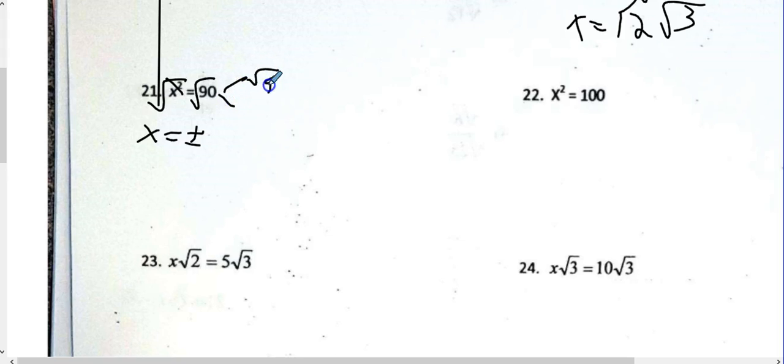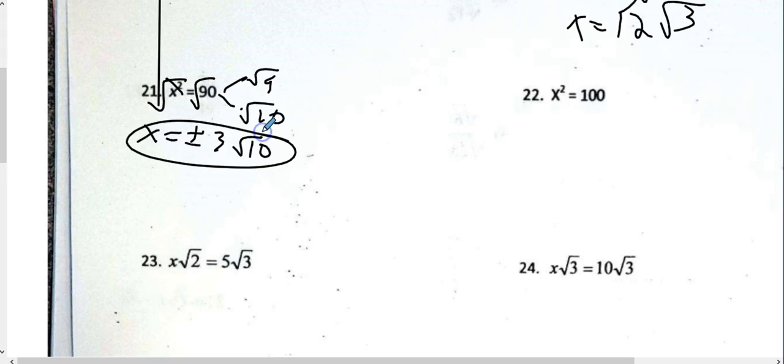It's up to you, depending on how much you want to rewrite stuff. But the square root of 9 is 3 root 10, and there's your answer. 3 times root 10, and negative 3 times root 10. This one's an easy one. Why? Because 100 is a perfect square. So it's simply plus or minus 10.